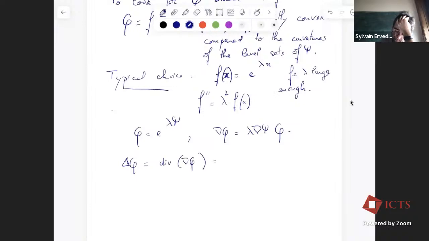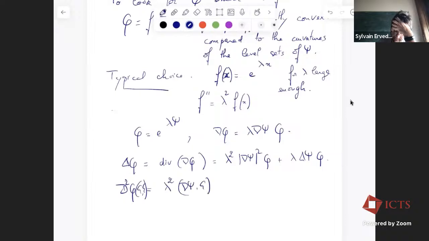So it is lambda square gradient of psi squared times phi plus lambda Laplacian psi phi, and d2 phi against psi will be lambda square gradient of psi dot psi plus lambda d2 psi psi.